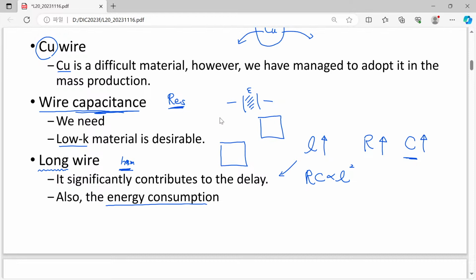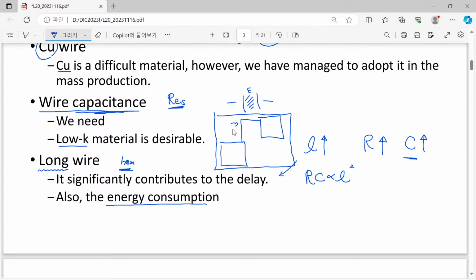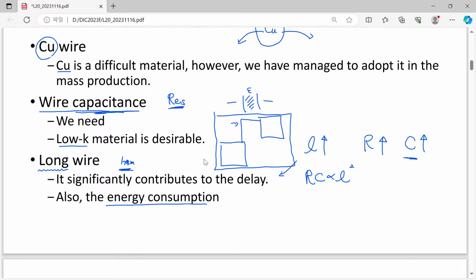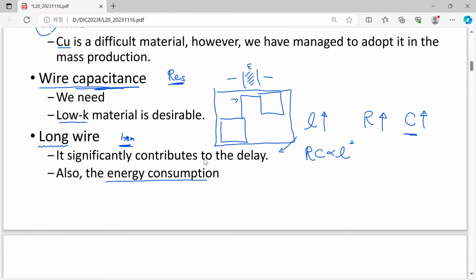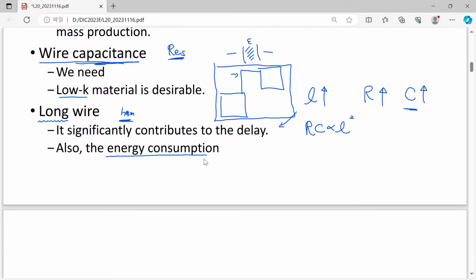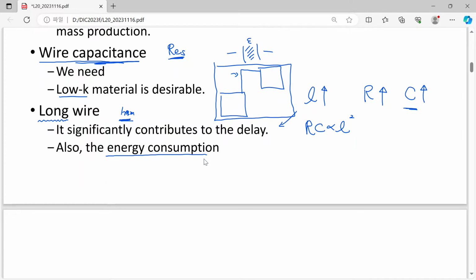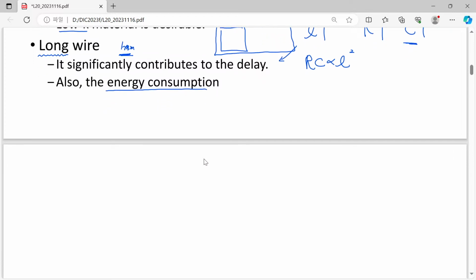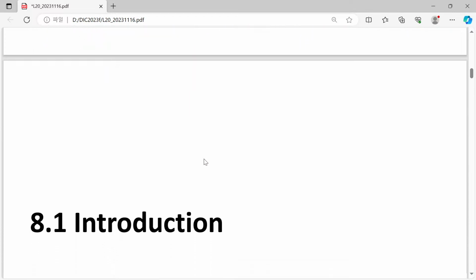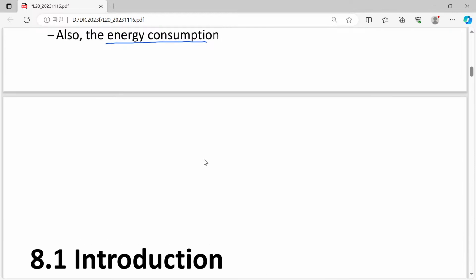One part in a chip is really visible in a microscope, and if we introduce such a long line, that makes a critical impact on our performance. So we must do clever floor planning to make our long wire as short as possible. Okay, so that was a brief review of lecture 19.